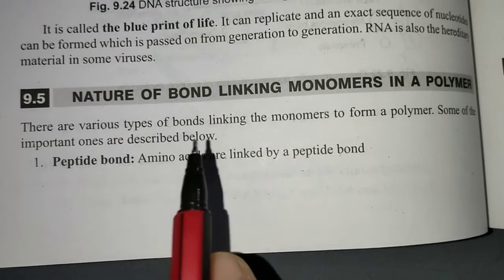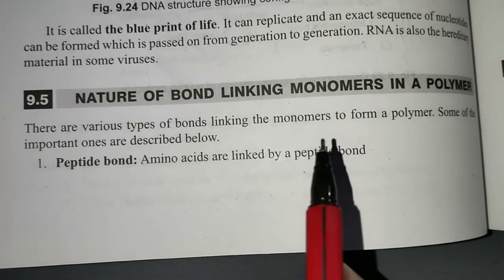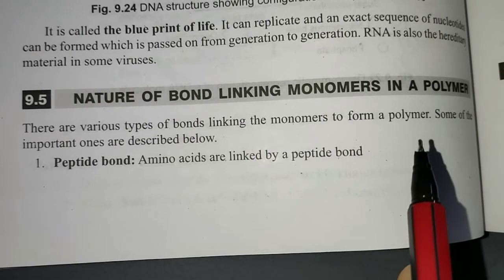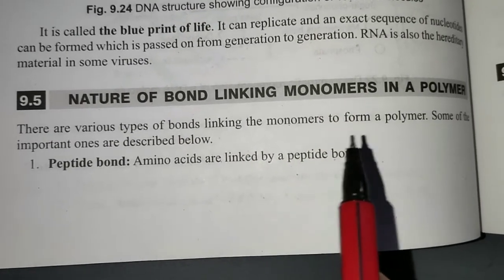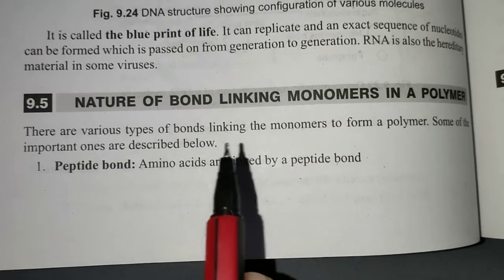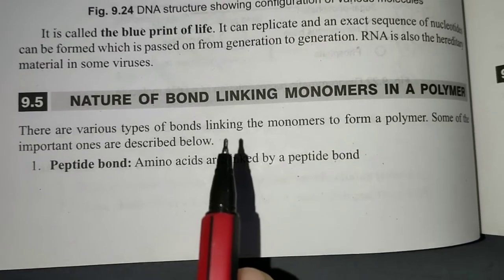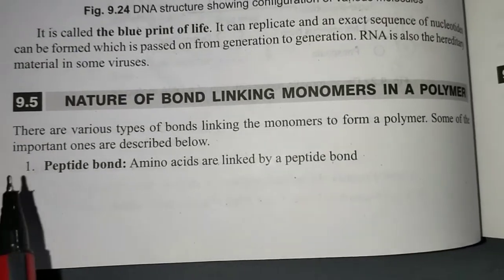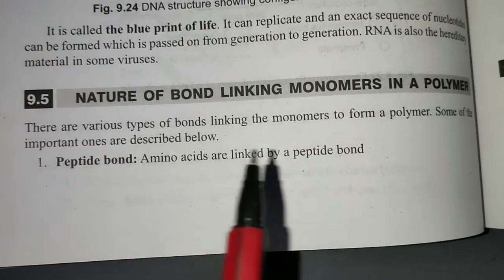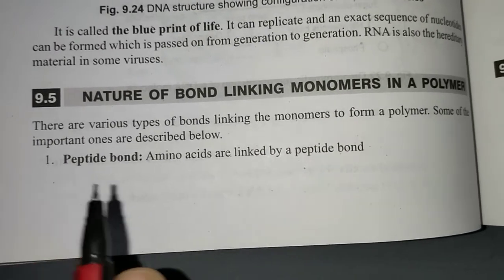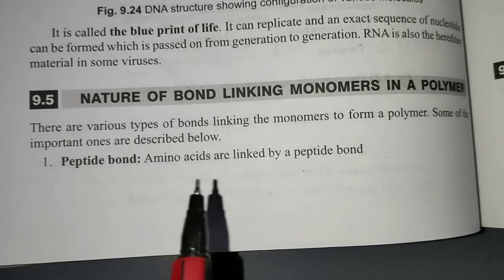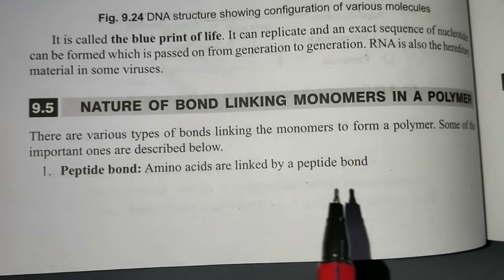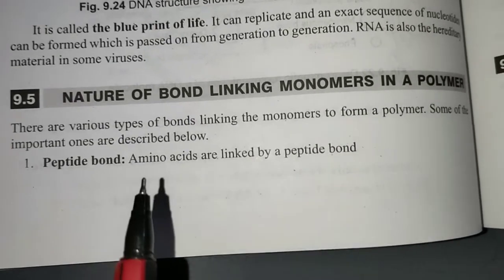So there are various types of bonds linking the monomers to form a polymer. So to form a polymer, monomers must be linked with a particular type of bond. Some of the important ones are described below. First is peptide bond. Amino acids are linked by a peptide bond, isn't it? We have already discussed.